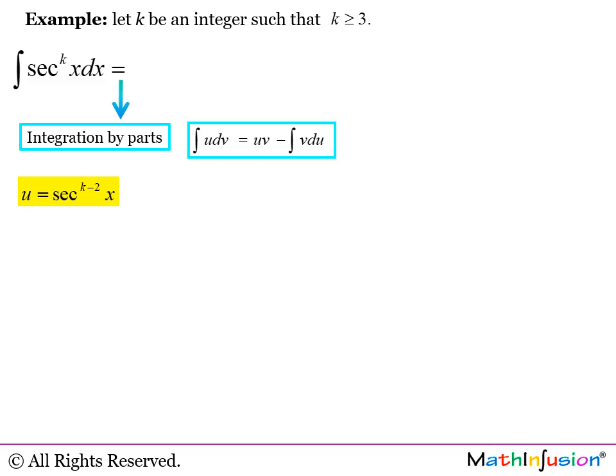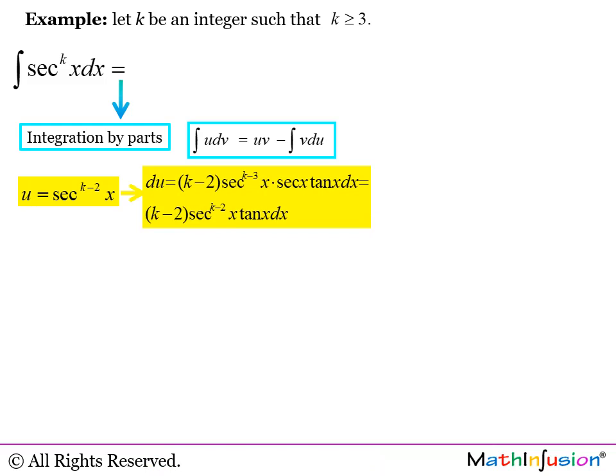Because I do not know how to integrate secant^(k-2) x for any k greater than 2, this is going to be the u, and du is going to be k minus 2 times secant^(k-3) x times, by the chain rule, secant x tangent x dx.